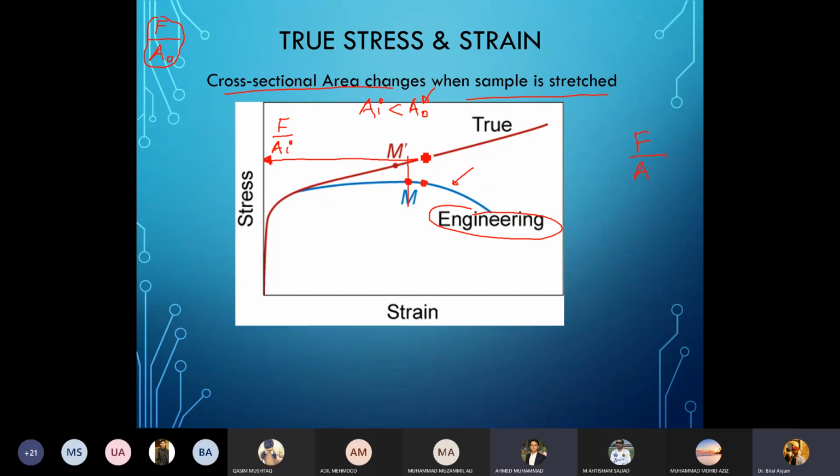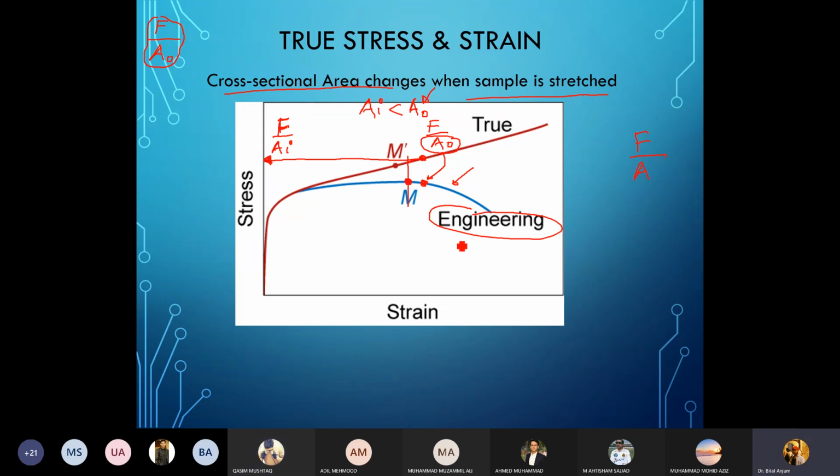Smaller, because the force remains the same. If I divide the force by a greater value of cross sectional area, which is the original area, I would essentially have a smaller value. Clear? Yes sir, clear.